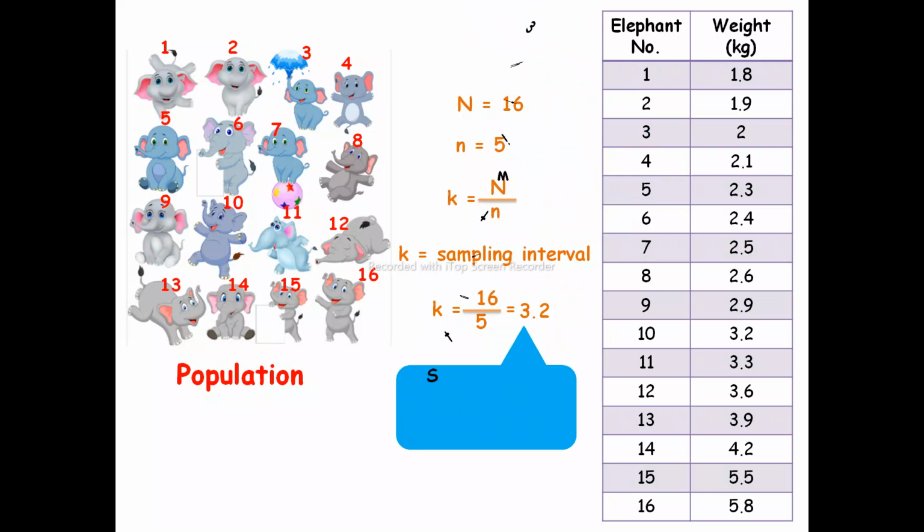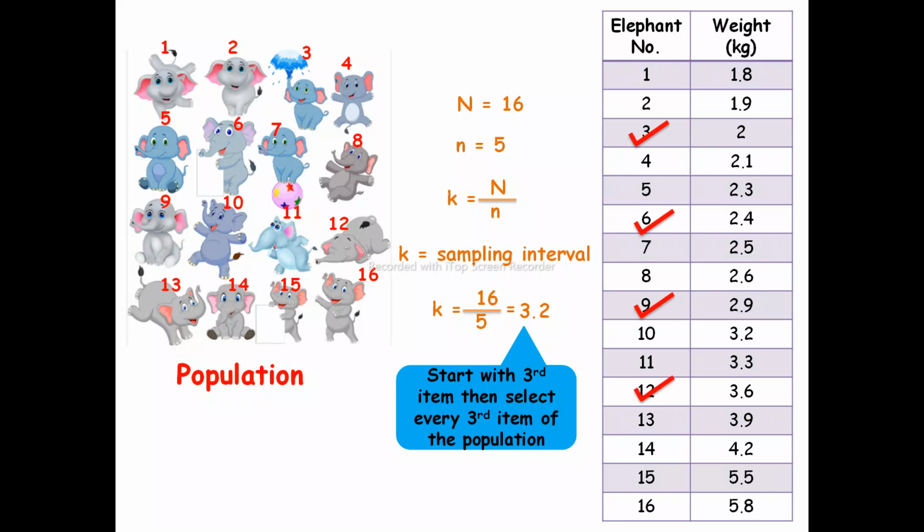Now what will we do next? Same thing. We need to start with the third item of the series and then select every third item of the population series. So in this column, as you can see, the third item is this one, 3. Then you go on selecting every third item. So this is the way we do the sampling.